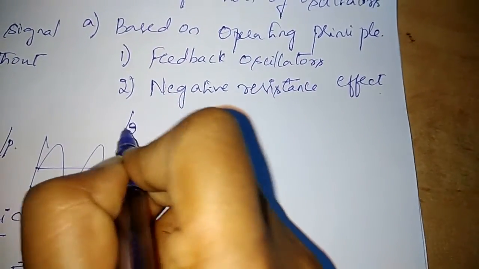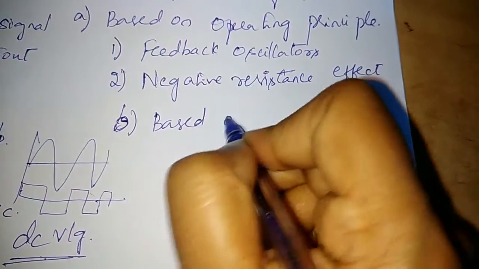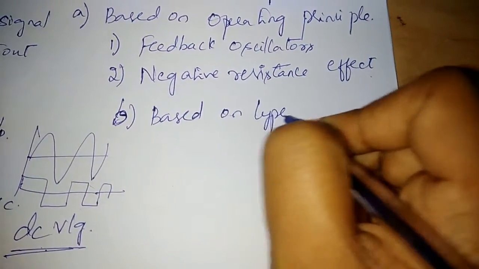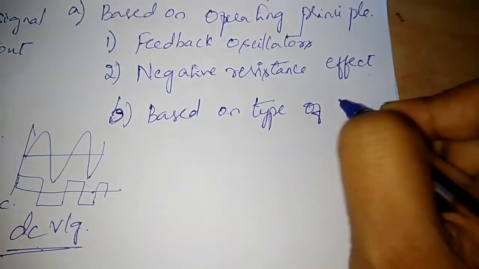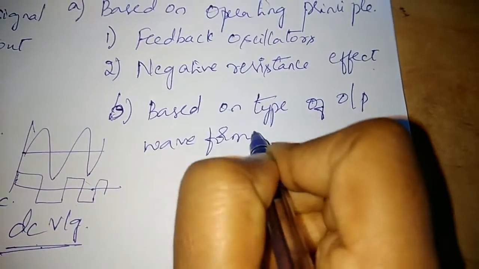The second one, these are different criteria on which we are classifying the oscillator, is based on the type of output waveforms. It will generate different types of waveforms.